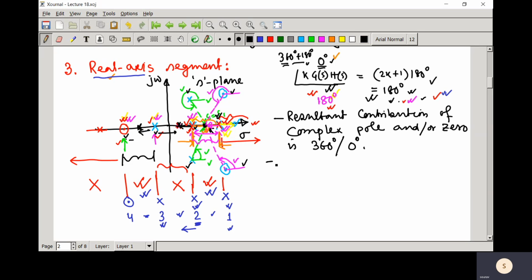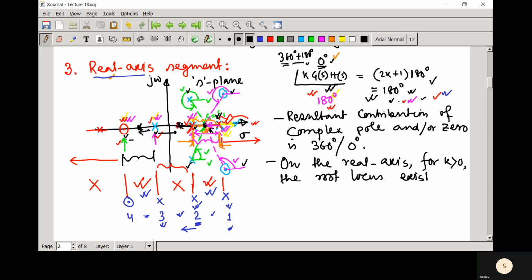And then I think you understand this very important thing that on the real axis, for k greater than 0, because we are discussing positive k, the root locus exists. So again, it is on the real axis. We are actually discussing which segment of the real axis belongs to the root locus. That means which segment of the real axis satisfies this angle criteria. So that thing we have discussed in detail here.